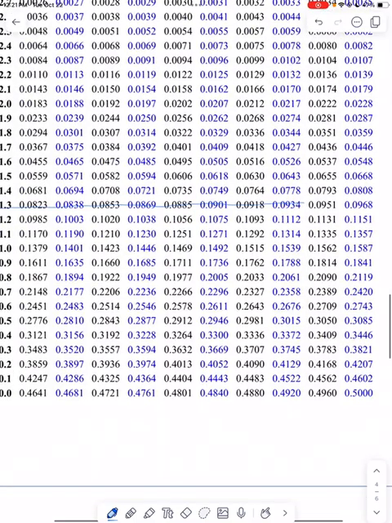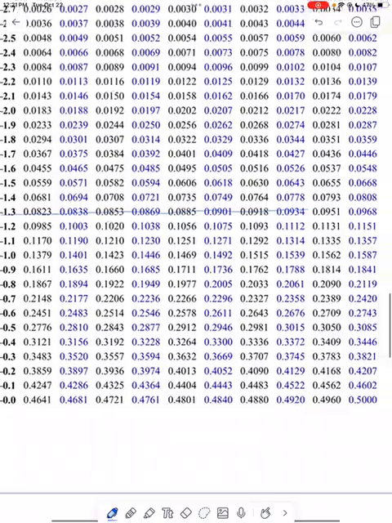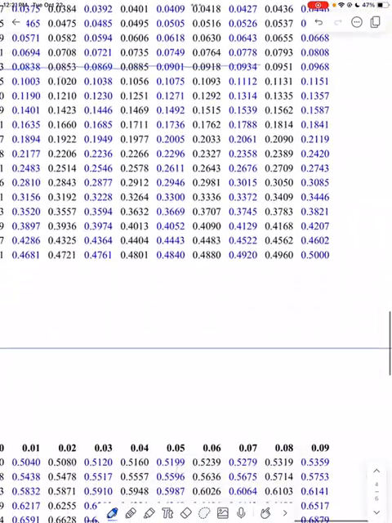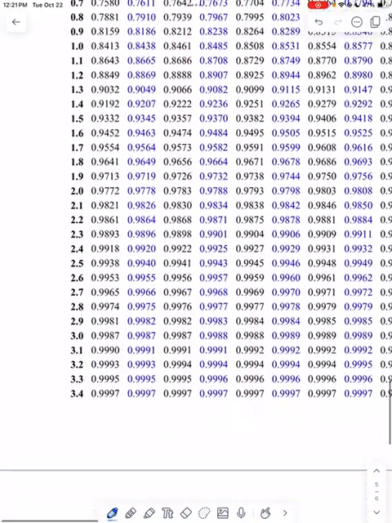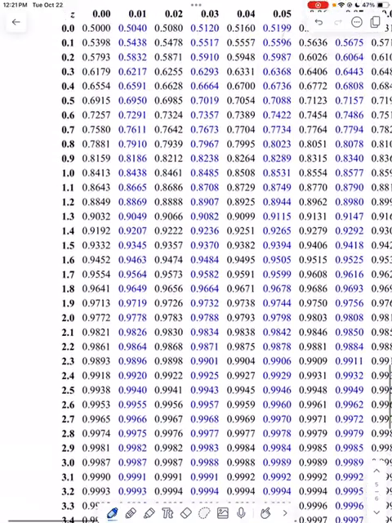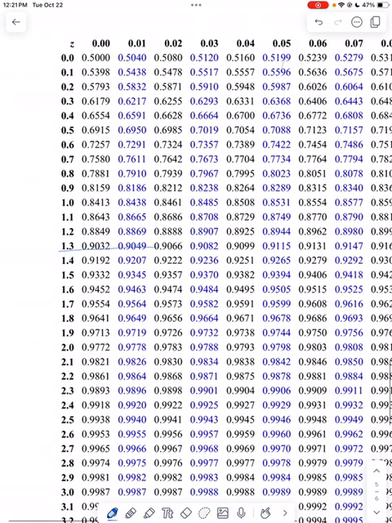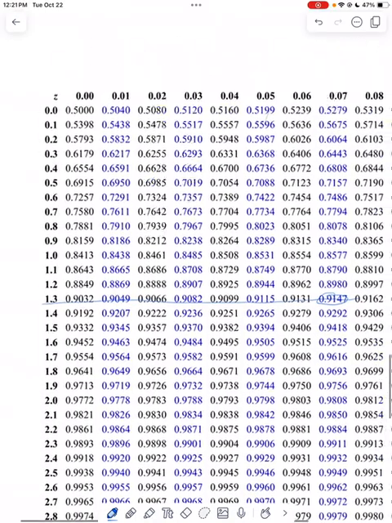So 0.0853, that is what we get. But if I look at 1.37, I'm getting 0.9147.